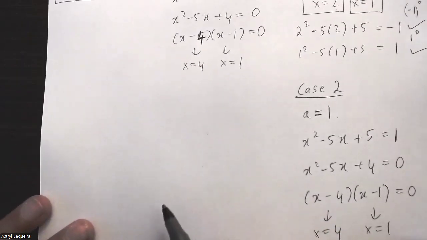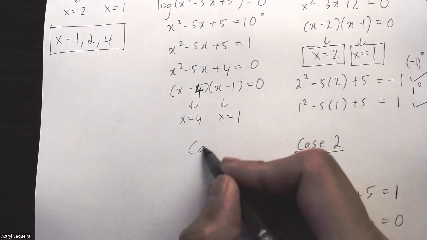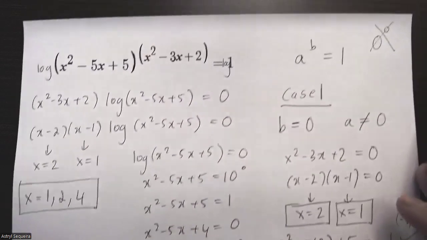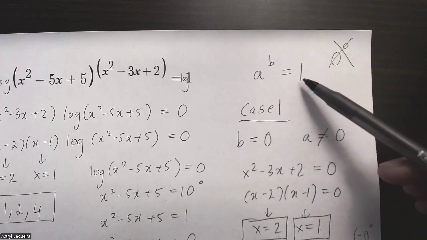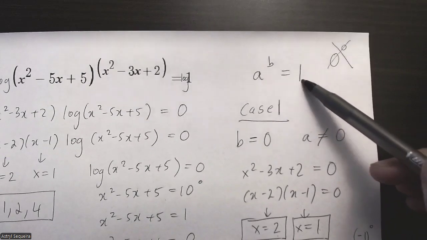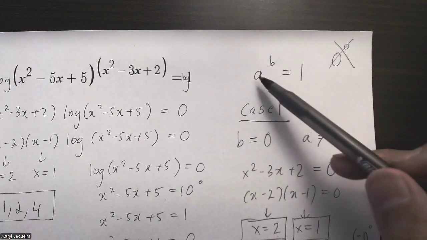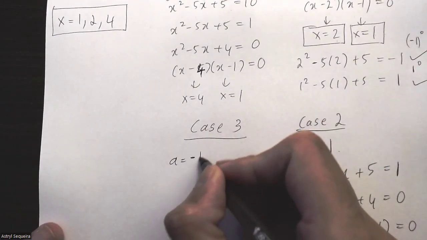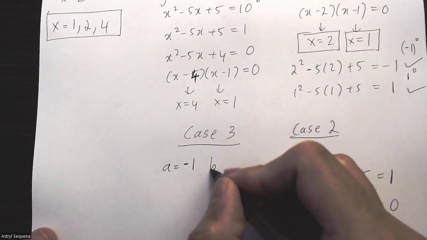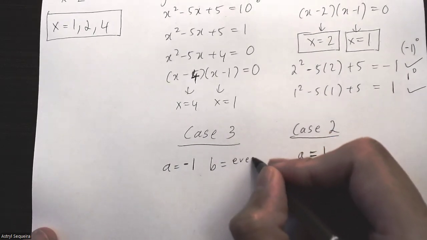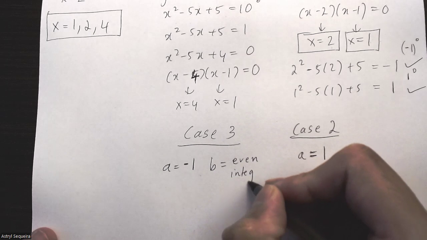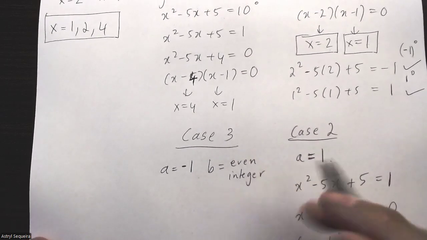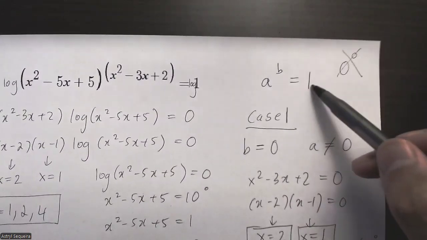There's also going to be a third case over here, which the algebra solution doesn't take into account. What's a third way I can get positive 1 over here? Well, let's pretend that A is negative 1 and B is an even integer, because negative 1 to the power of any even integer will give me positive 1.